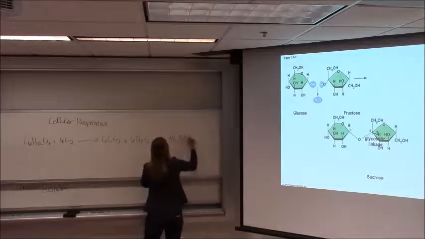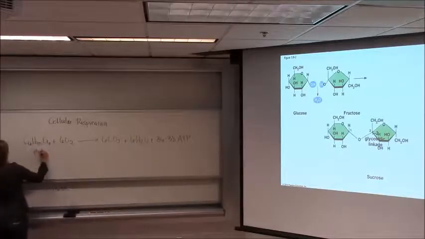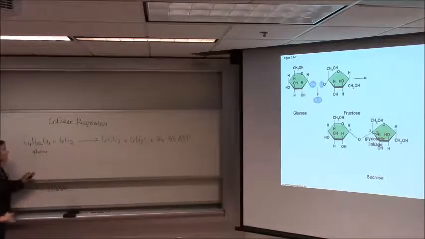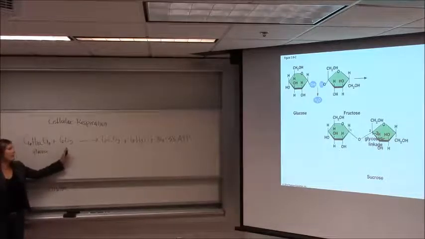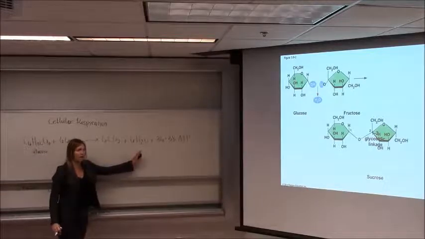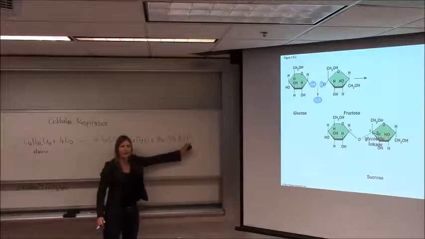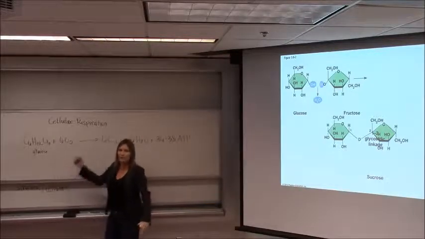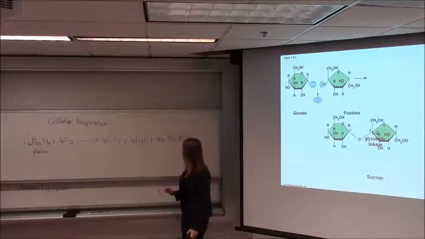You're going to see this frequently throughout this course. Okay, so this is glucose, right? C6H12O6. Glucose plus oxygen. We're going to produce carbon dioxide and water, and we're going to generate 36 to 38 ATP for every 1 glucose that goes into the system, if we have oxygen available.